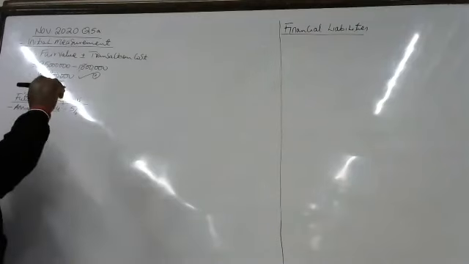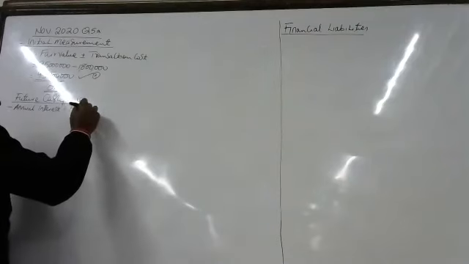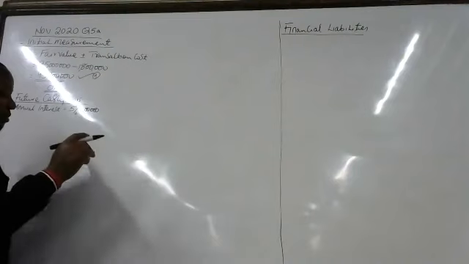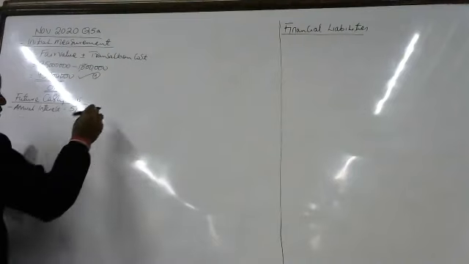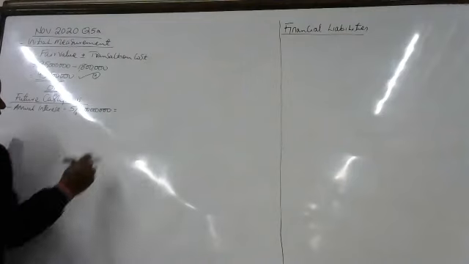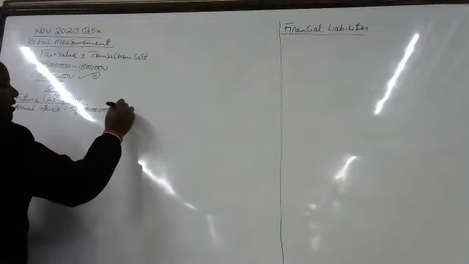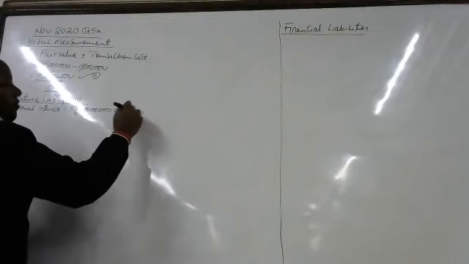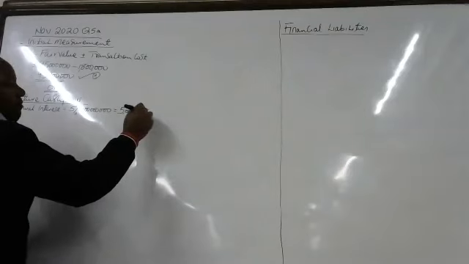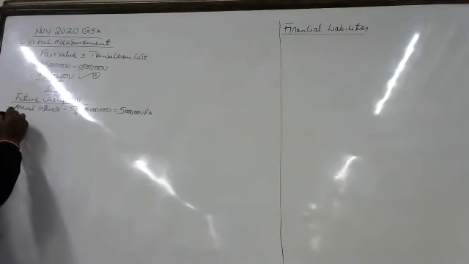It means this borrower will pay 5% of the face value. Face value means 1 million bonds with each a face value of 100, which gives us 100 million. Annually they will be paying 5 million per annum. That is one of the future cash flows. Then there is the redemption value.